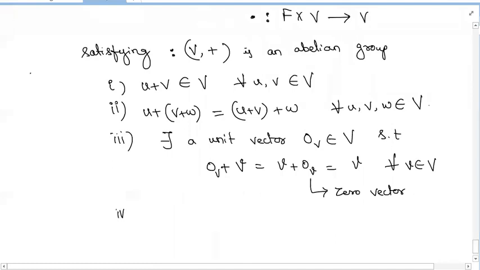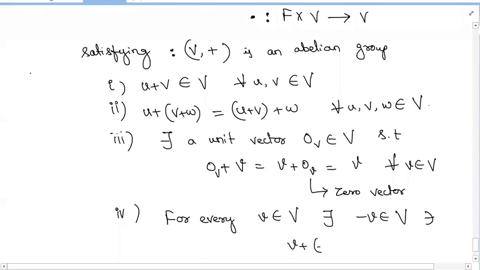And another property is that for every v in V there should exist an additive inverse. For every v in V there exists a unique vector minus v in V such that v plus minus v is equal to minus v plus v equal to the zero vector 0v.